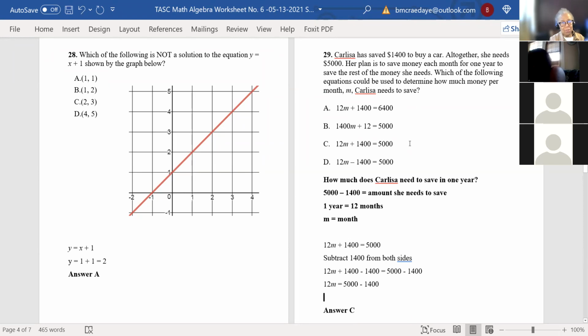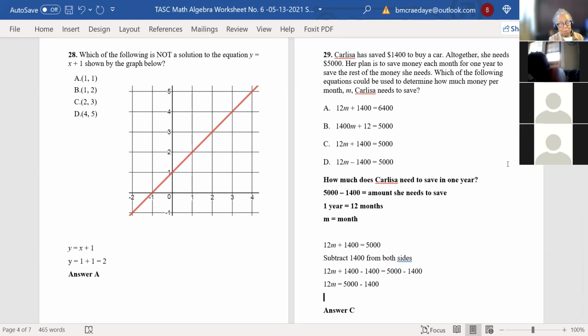Maureen, you had this one? Yeah, you had C. Because the 5,000 minus 1,400 is the amount she needs to save in 12 months, a year. And if you had to solve it, it would be 12m equal, this is 3,600. So how much would she have to save a month, Vanessa? Mental math.